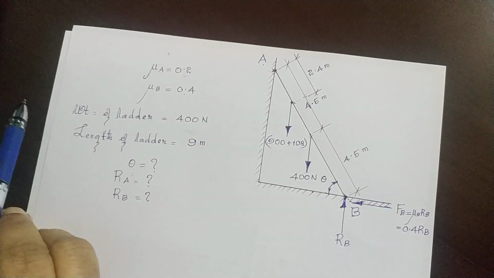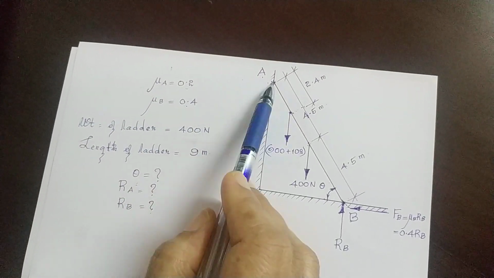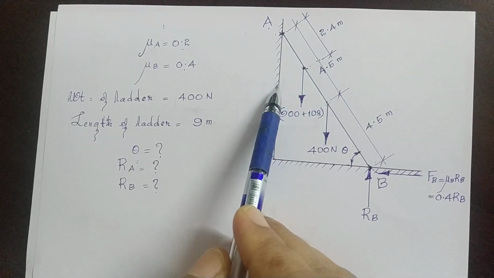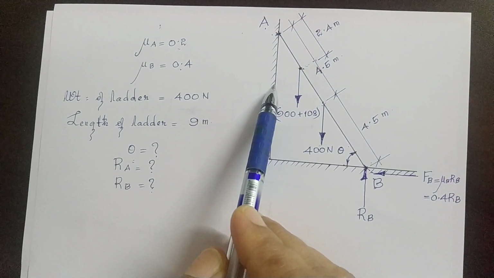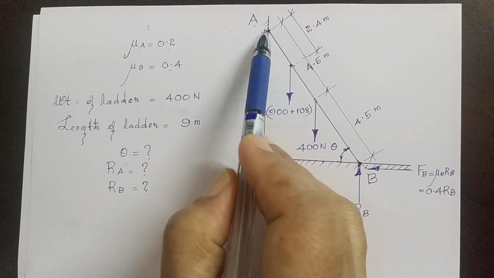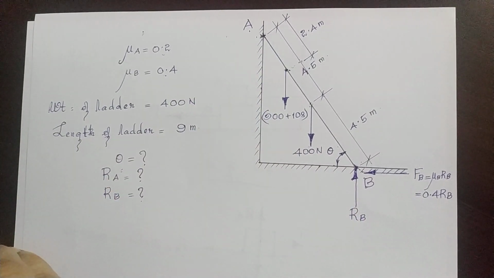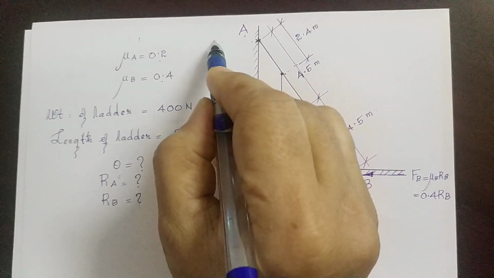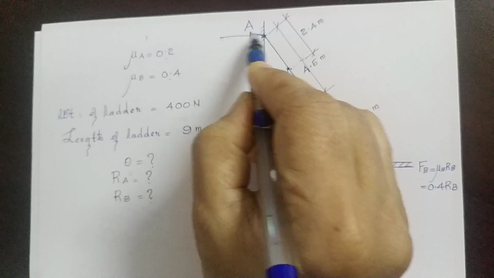Now consider the forces acting at the point A. The head of the ladder has a tendency to slip down, which means that the friction would be acting up. Similarly, the reaction at the point A would be acting perpendicular to the plane of support, which means horizontally as this.